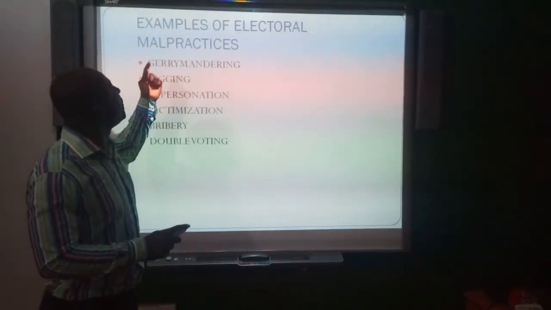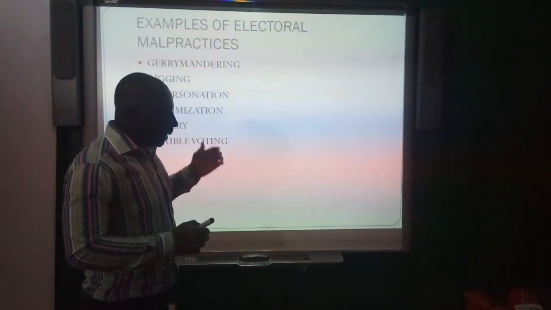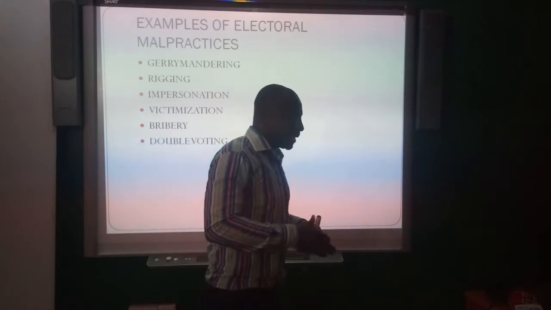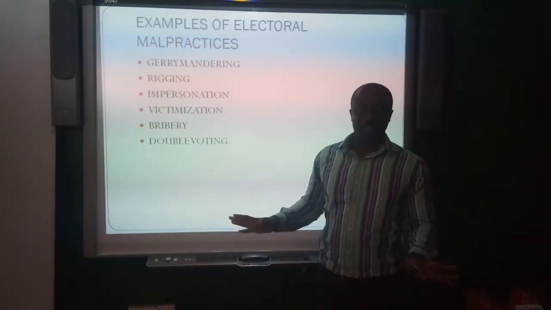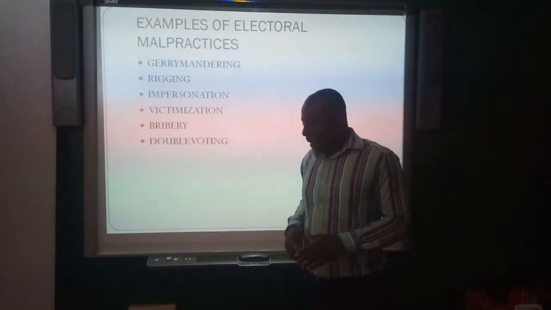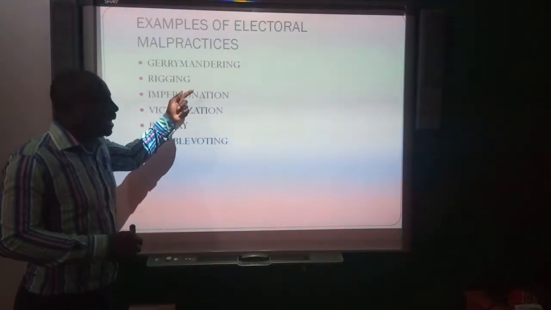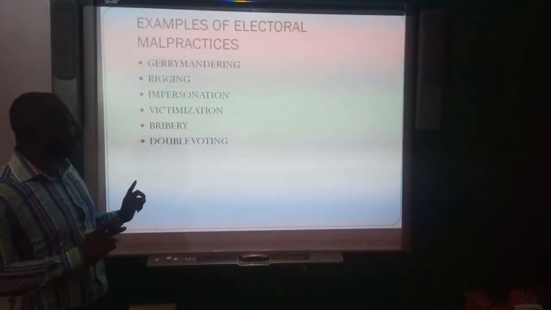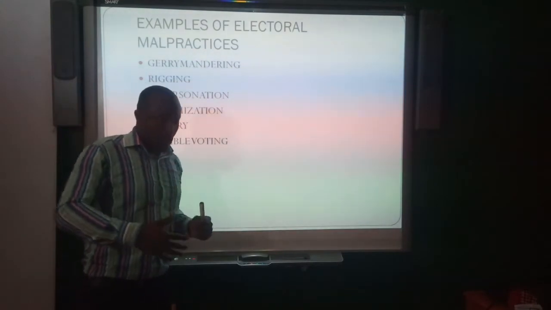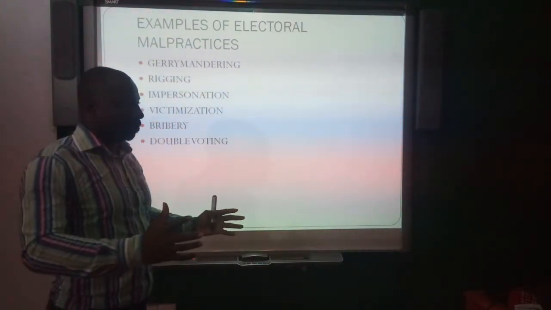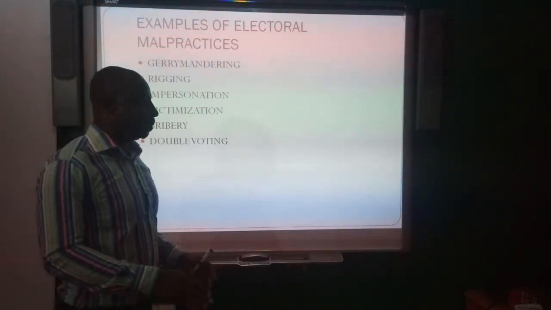So what do we mean by gerrymandering? The Electoral Commissioner's duty is to demarcate or delimitate the country into constituencies. At times, they deliberately demarcate the country into constituencies in order to give electoral advantage to a political party. Let's look at it this way. We know Santase or Asukwa is 100% for NPP.